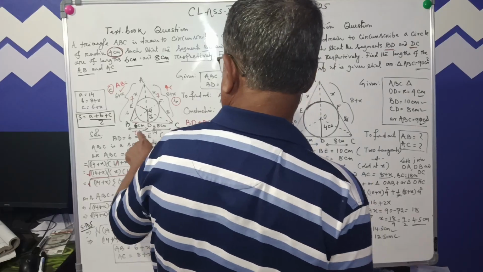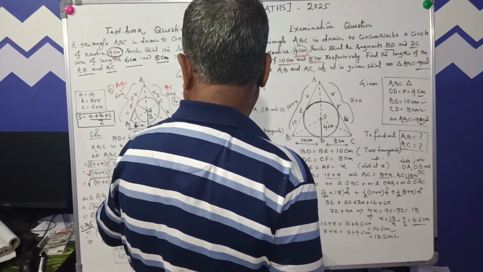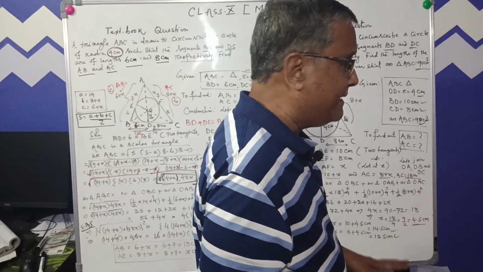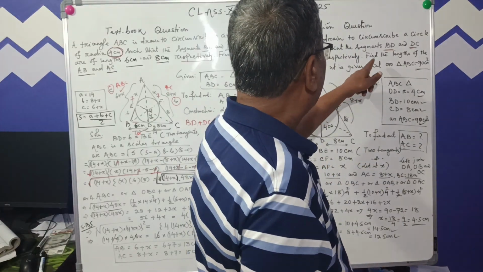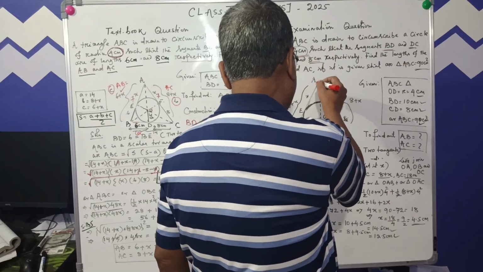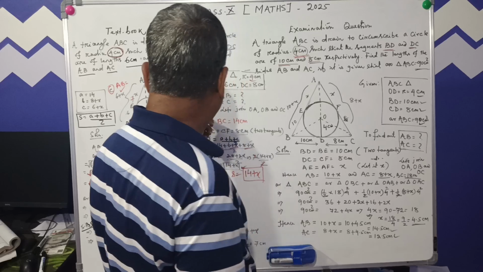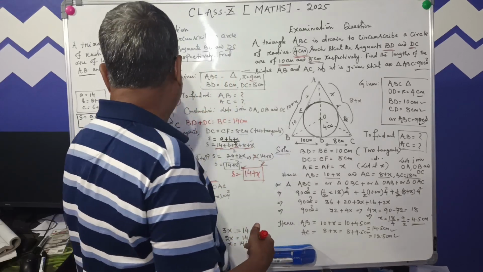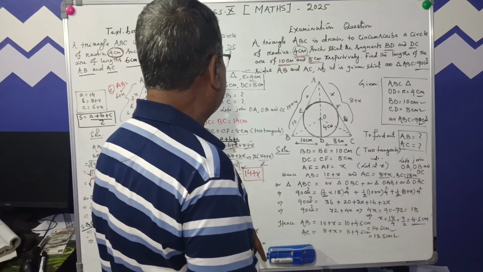Here it was 6 for BD and 8, but here 10 and 8, that is nothing, same thing. Find the length of AB and AC. We have to find out AB and AC. Similarly, here we were required to find AB length and AC length.